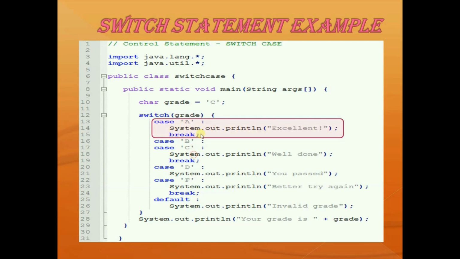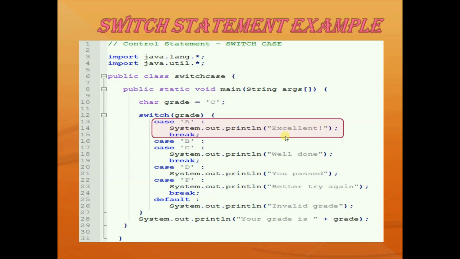For example, case A, then comes the colon, and then you can execute your code. We want to print, for example, System.out.println, and here we will print "Excellent". So if the student grade is A, we will print the message Excellent, and after this message we just want to break out of this switch statement, so we write break and a semicolon.